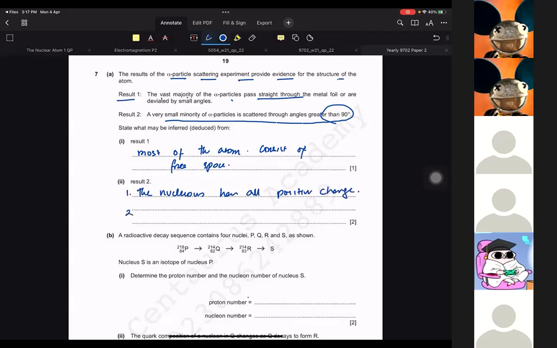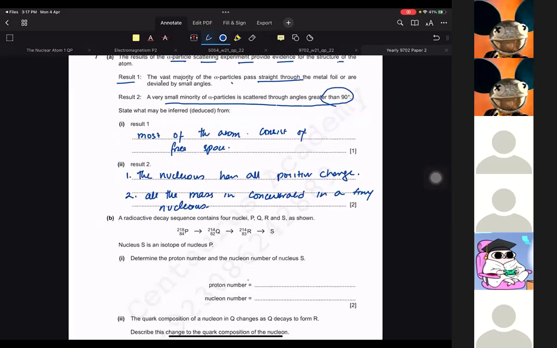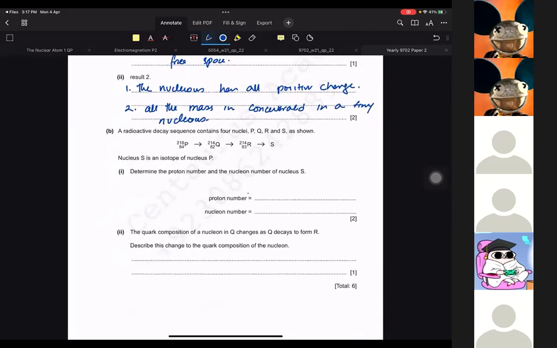And for the second mark, you should write that all the mass is concentrated in a tiny nucleus. All right, so do remember that. That's the second mark.